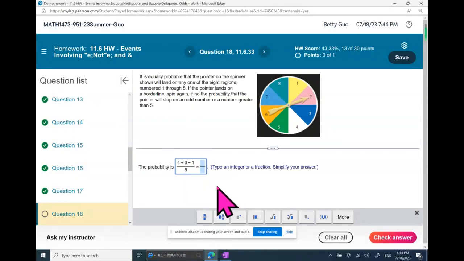This way you don't have to operate a lot. So numerator: 4 plus 3 is 7, 7 minus 1 is 6, 6 over 8 simplifies to 3 over 4. Equals 3 over 4.